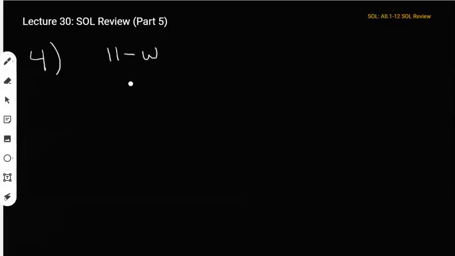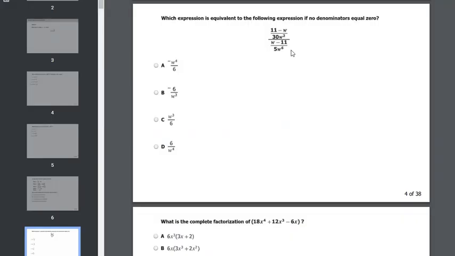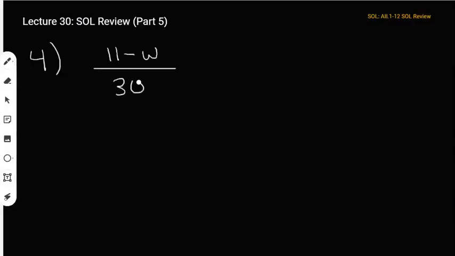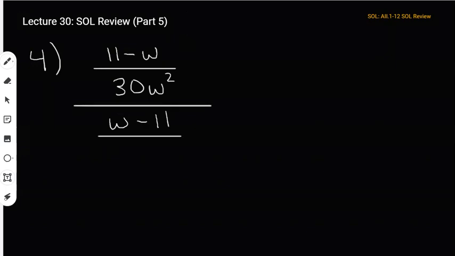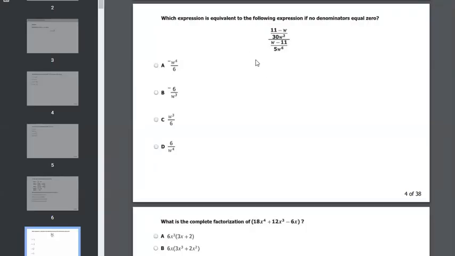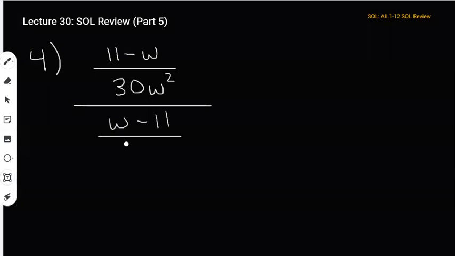We got 11 minus w, and on the bottom, we have 30w squared. And then we're going to have an even bigger fraction bar because we're going to have a fraction in the denominator as well. w minus 11 over 5w to the 6th power.